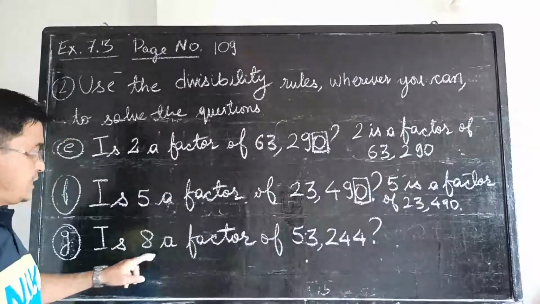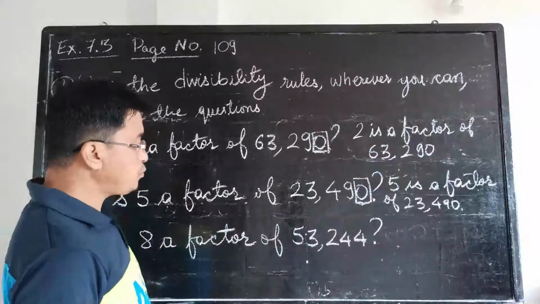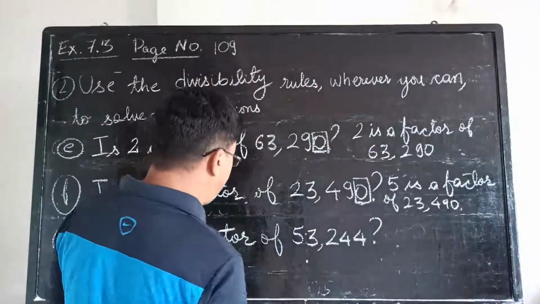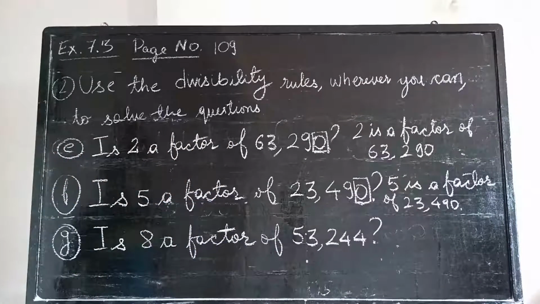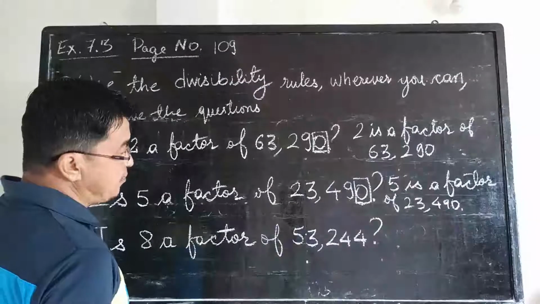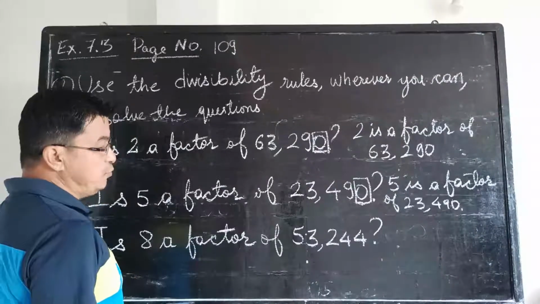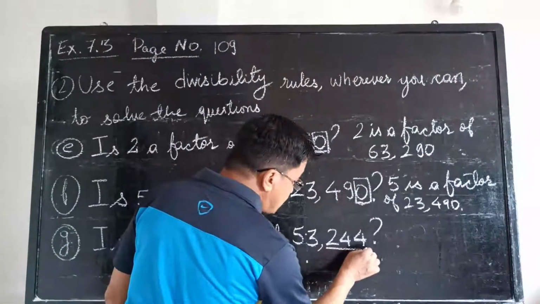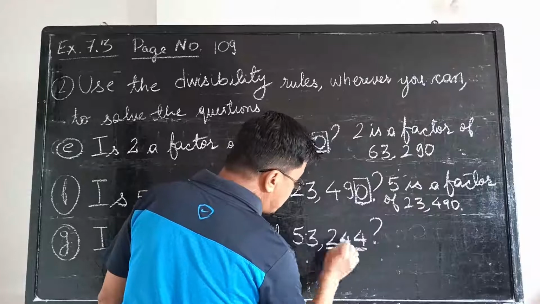Now, is 8 a factor of 53,244? To find whether this number is divisible exactly by 8, we have to first divide the last 3 digits by 8.